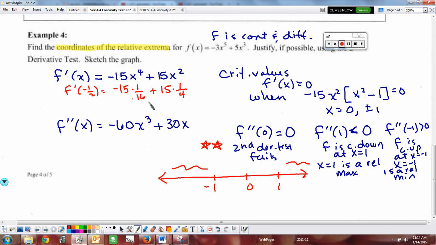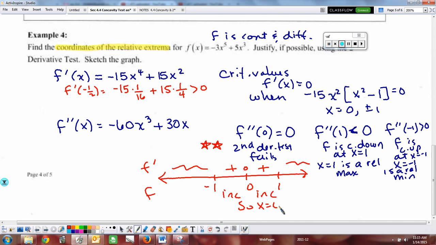Thinking about what's larger, obviously 15/4 is larger than 15/16, so this is going to end up being positive. And this is f prime. Then I plug in 1/2, and 1/2 would give me the same result. So it is positive. So f was increasing, and then increasing.